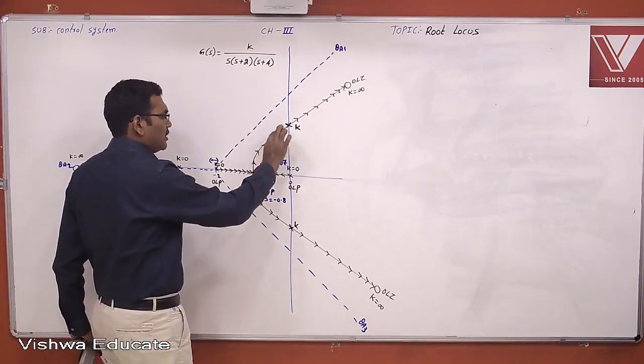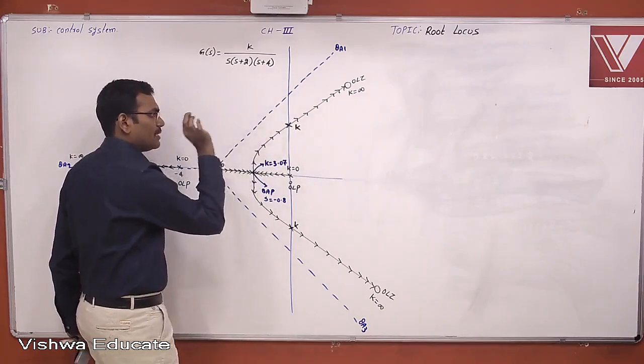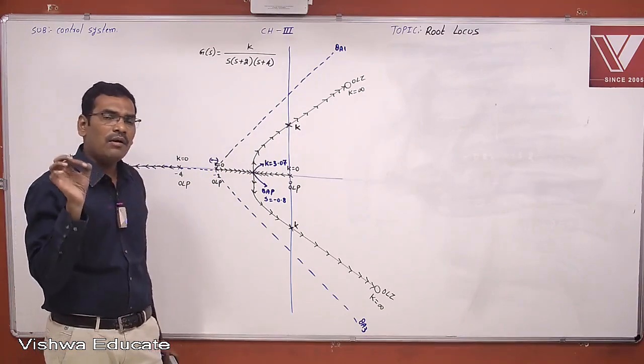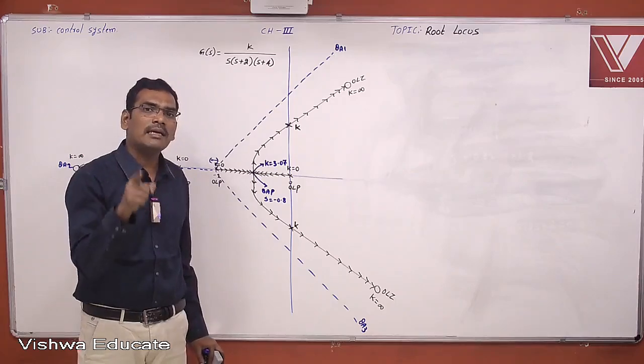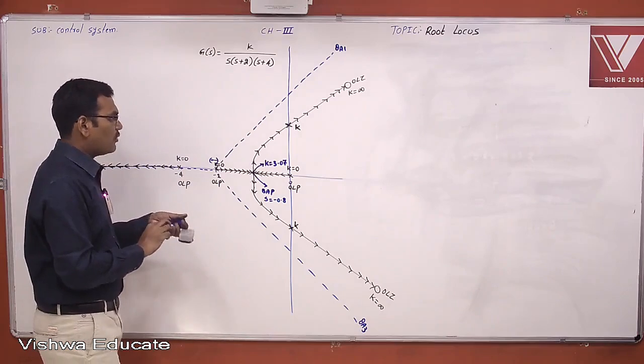K is changing. At one particular value of K, the root locus branch touches the imaginary axis. What is the value of K?